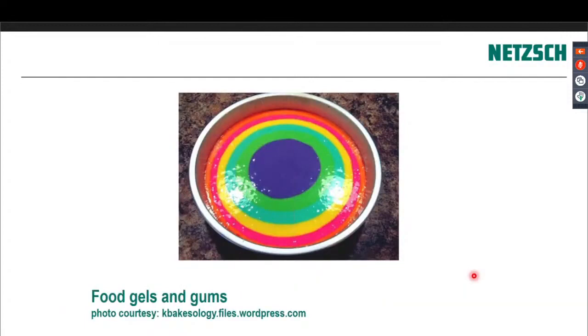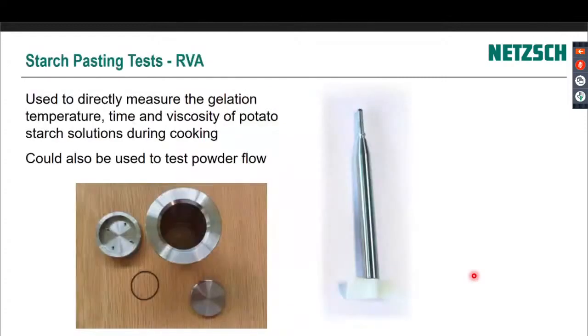Now, another thing that people often add is gums, and we do jellies, we do cake toppings, and all kinds of different things with gums. And so the gelation time is a very good thing to be able to characterize. Now, one thing that has gummy type property in it, actually, you maybe don't think of this, but it's starch.